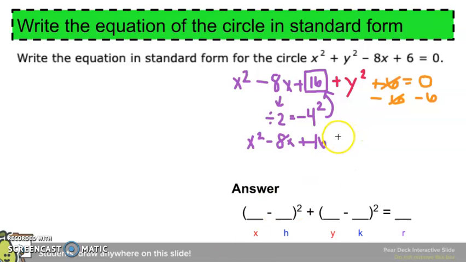plus y squared equals negative 6. And since I added 16 to the left side of the equation, I also now need to add 16 to the right side of my equation. So here I'm also going to add 16.